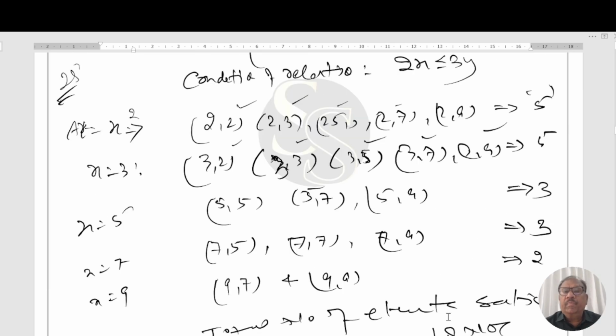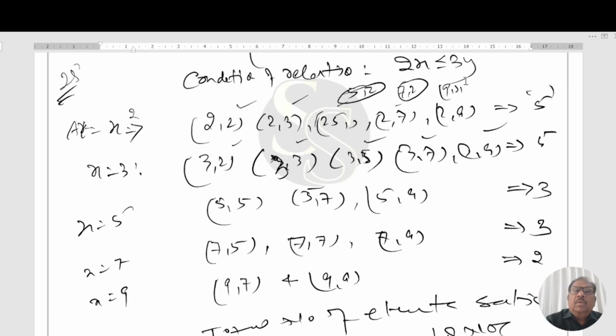Symmetric के लिए (2, 5) पे हमें एक ऐड करना पड़ेगा (5, 2). (2, 7) पे ऐड करना पड़ेगा (7, 2). (2, 9) पे (9, 2) ऐड करना पड़ेगा.